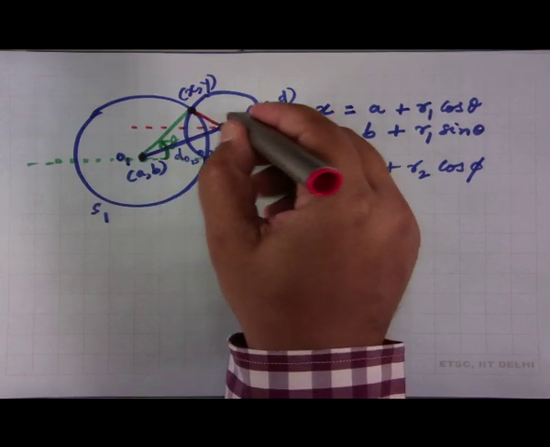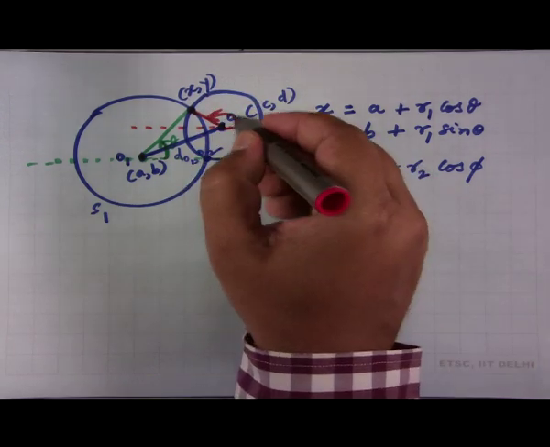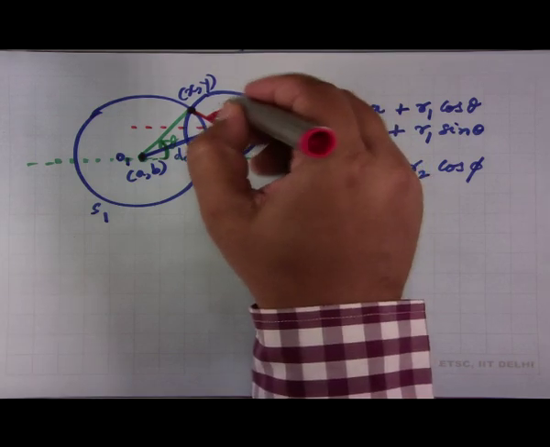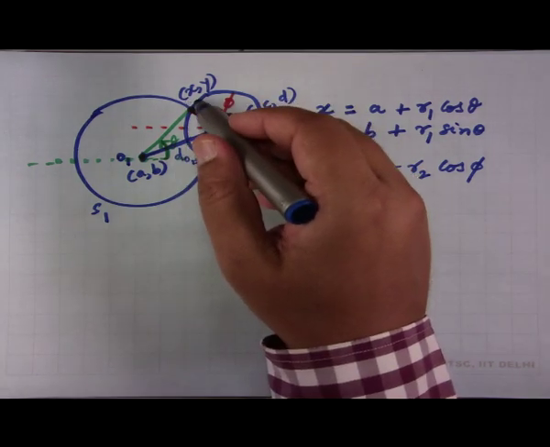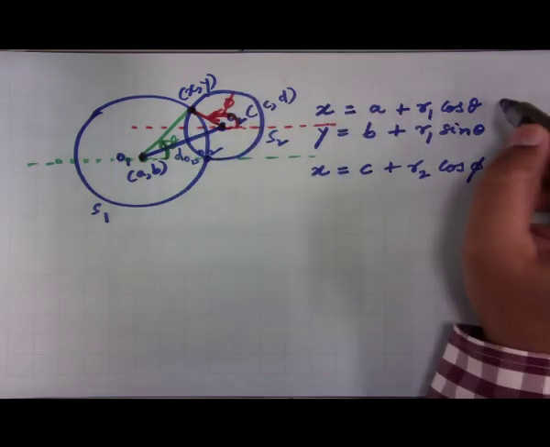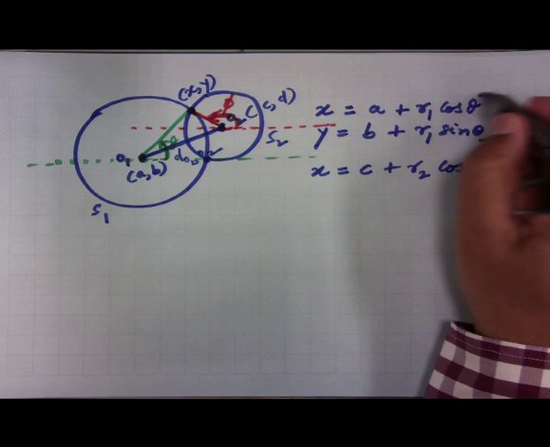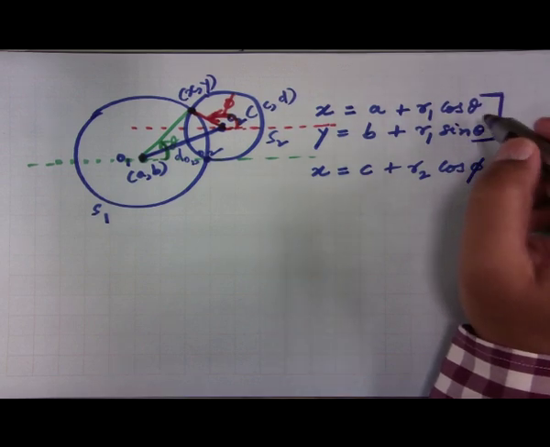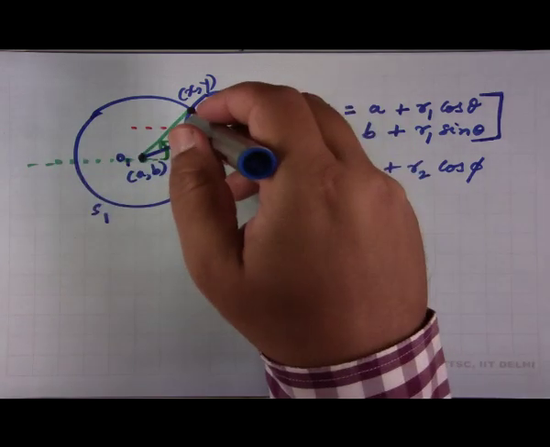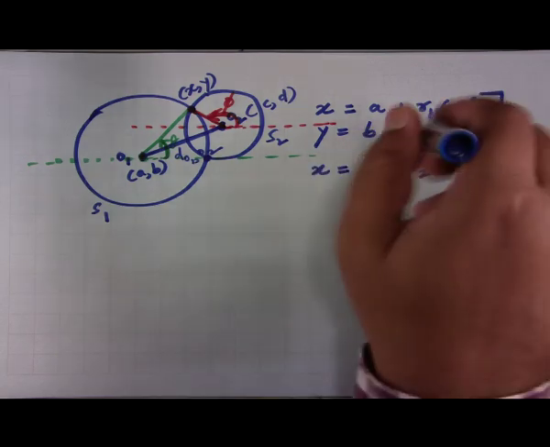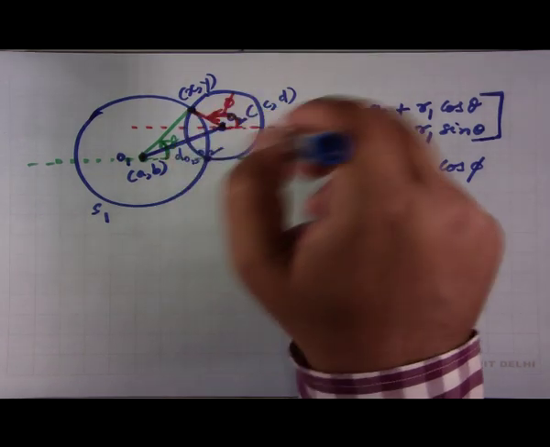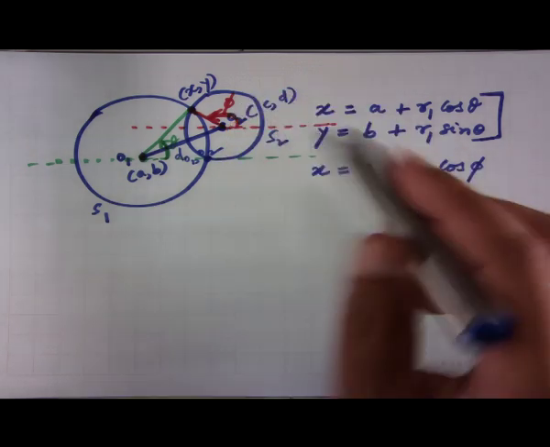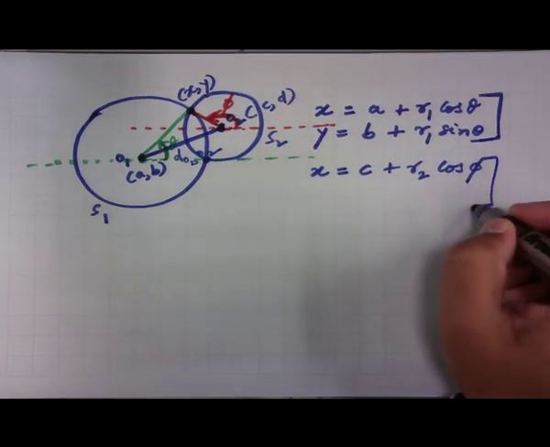That angle is precisely this angle, and I will denote it by phi. So, since this point x comma y lies on both the circles, we initially express the coordinates x and y in parametric form with regard to the first circle, and since the same point also lies on the second circle, we express the coordinates again in parametric form with respect to the second circle.